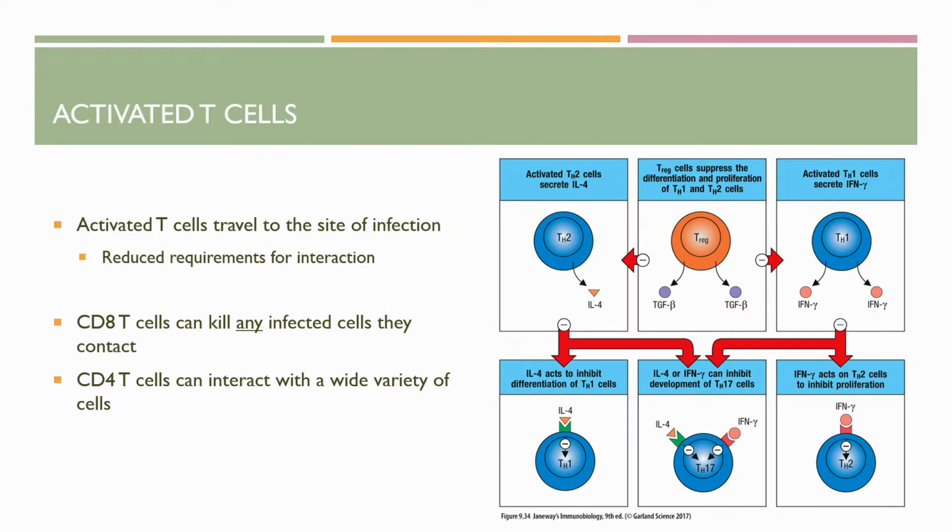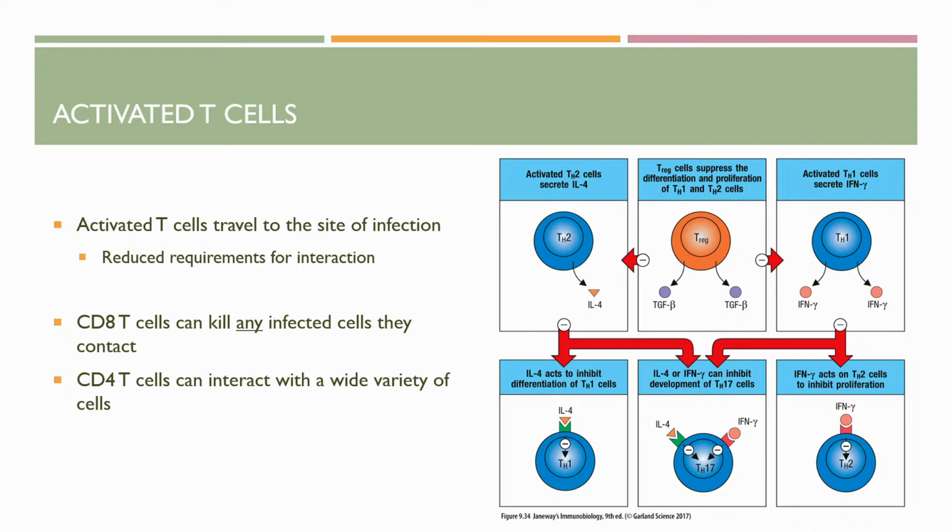Okay. Activated T cells have to travel to the site of infection once they're activated. Here I'm showing you again that different types of T cells elicit different cytokine production. CD8 T cells are cytotoxic. They can kill any infected cells that they contact.